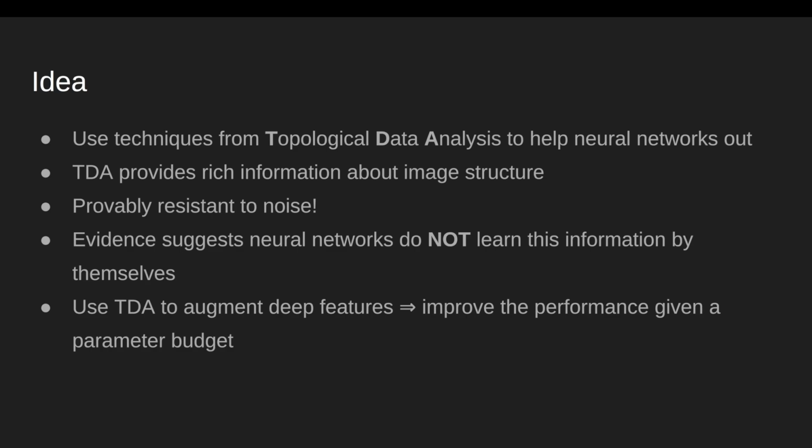TDA aims to provide rich structural information about many types of data, including images. And it comes with some pretty nice perks. It's resistant to noise, and evidence suggests that neural networks don't learn these types of information by themselves, which makes it a logical thing to include in a fusion model in order to save on parameters.